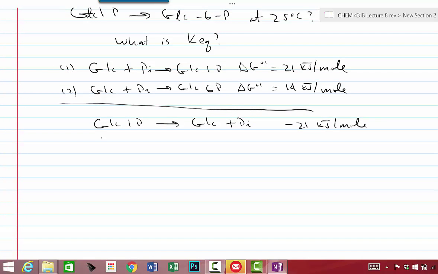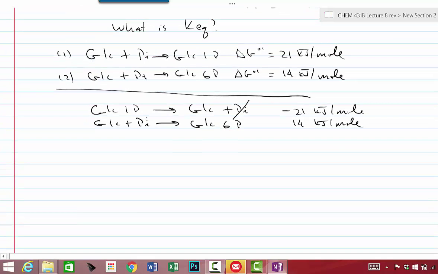And I'll rewrite the second equation: glucose plus inorganic phosphate gives us glucose 6-phosphate, and the delta G under standard conditions is 14 kilojoules per mole.